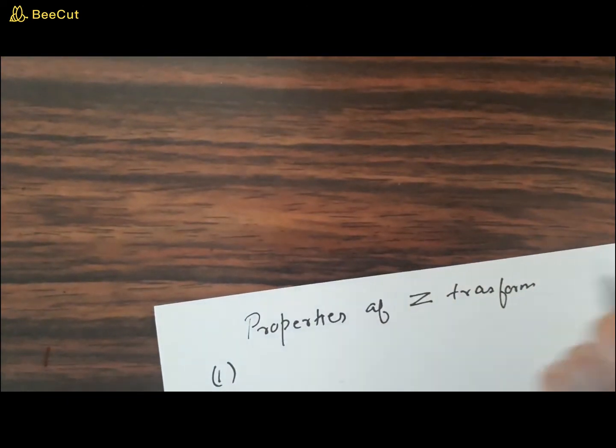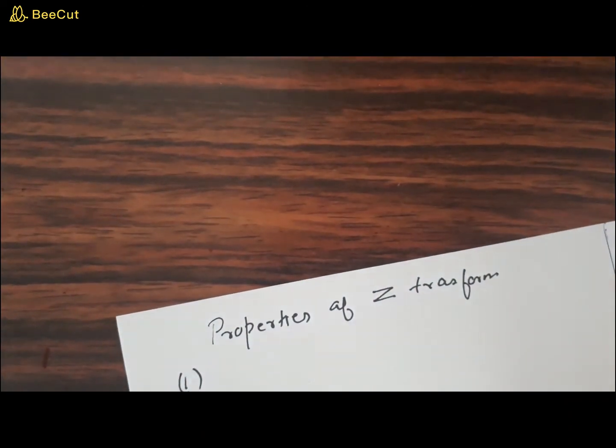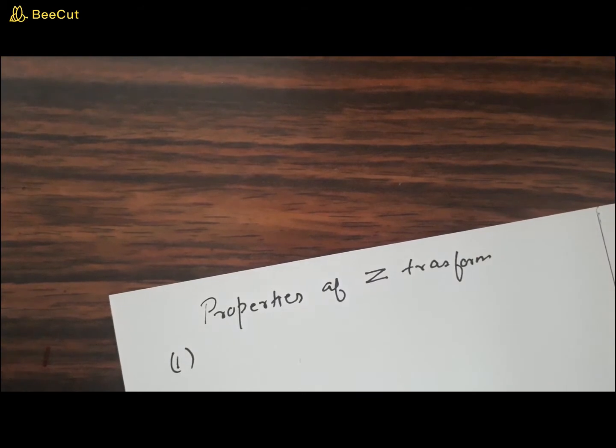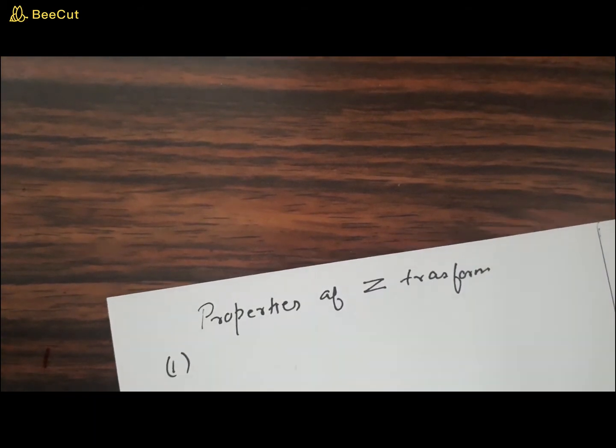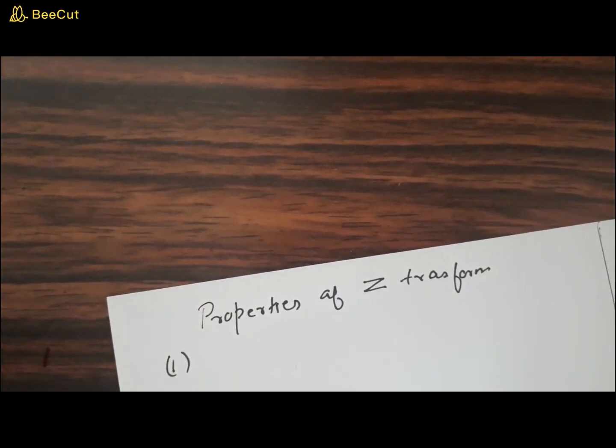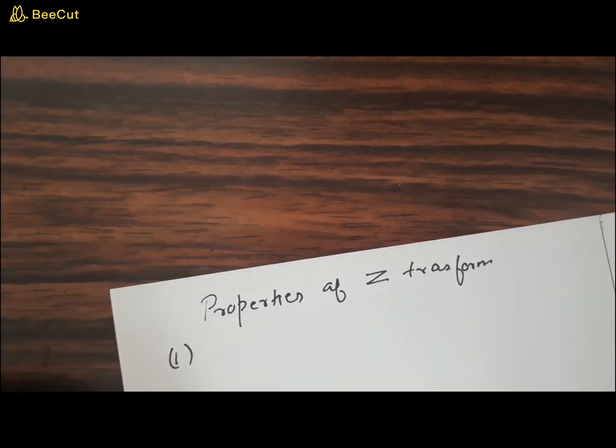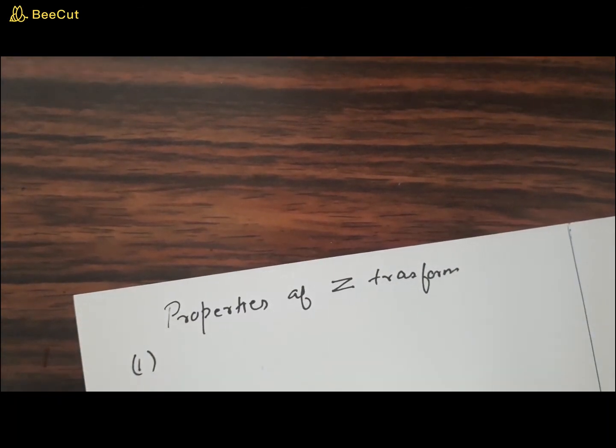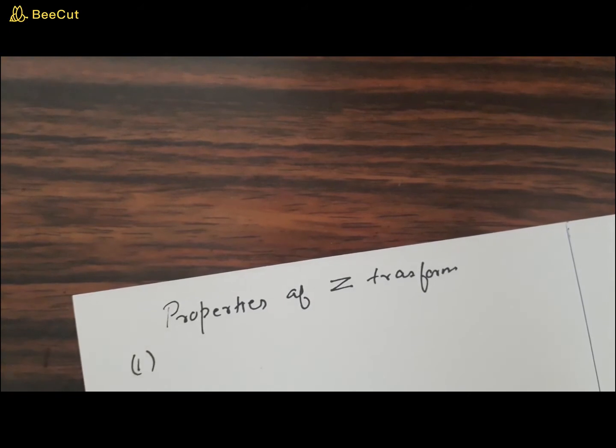So as always, I used to explain what is the need of these properties. Properties are said to be the shortcut to do problems. So far we have done some problems using the direct expression of Z transform.